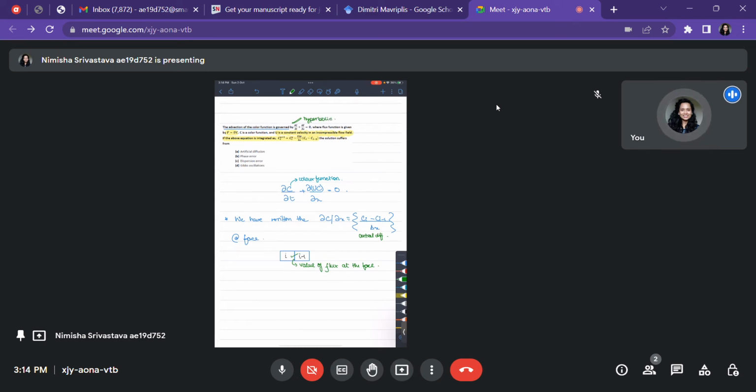When we are dealing with a hyperbolic equation and central difference, an artificial diffusion term enters the problem, right? So this is the right answer. This has been discussed also in the lectures.